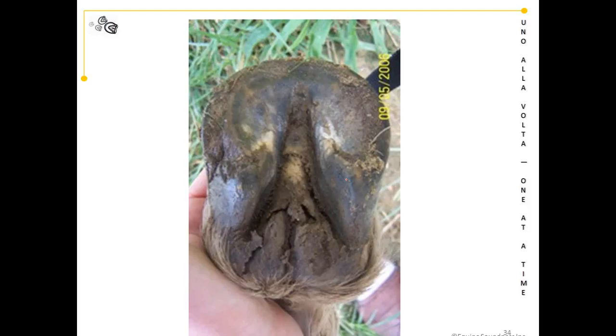The frog can just not grow fast enough because the blood supply is choked off. And therefore it starts to deteriorate. Once you trim those bars down and get this hoof balanced and get this horse moving again correctly, this frog will grow back in almost no time.